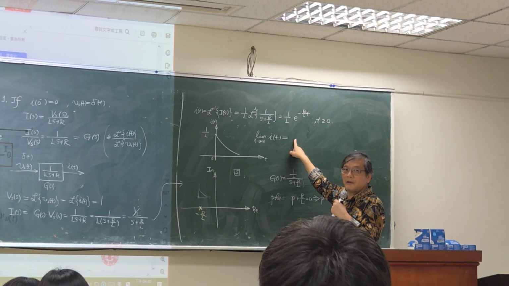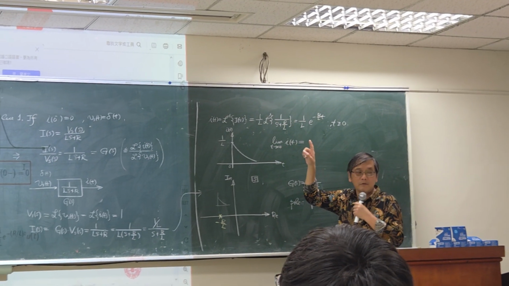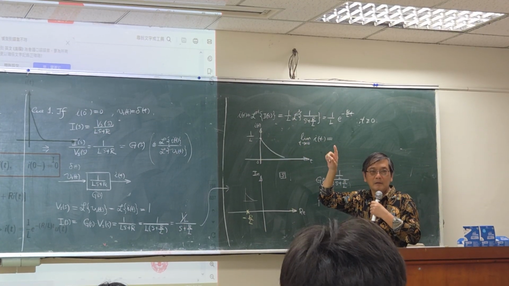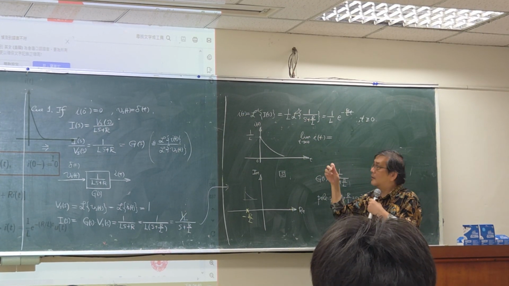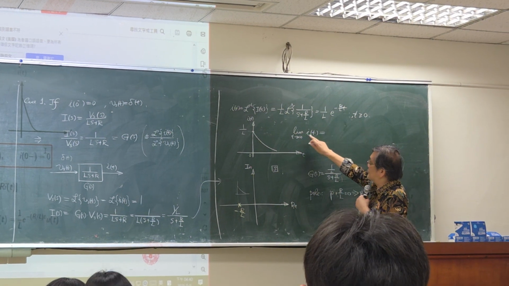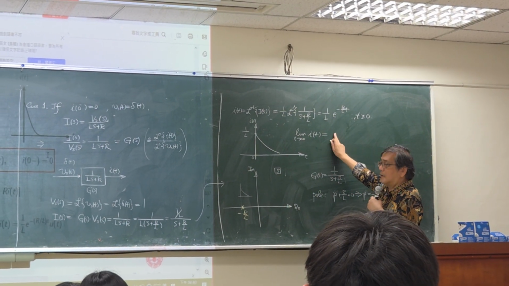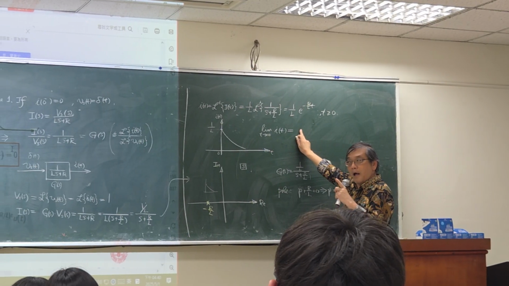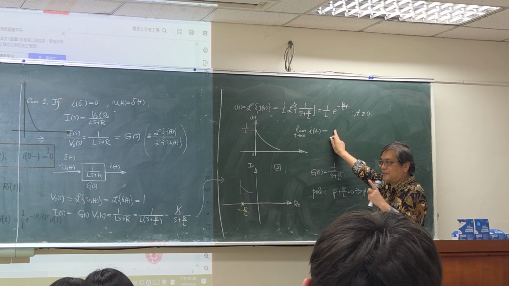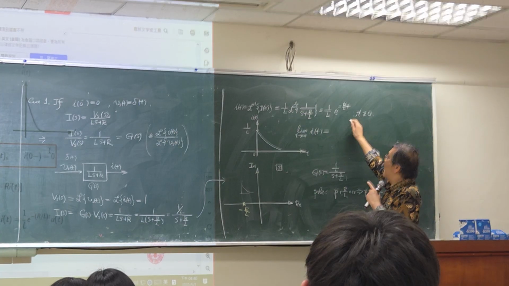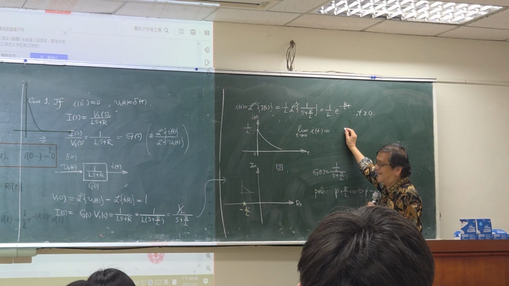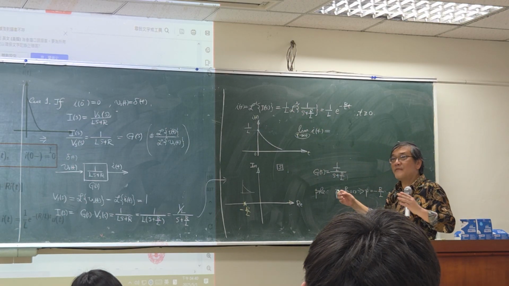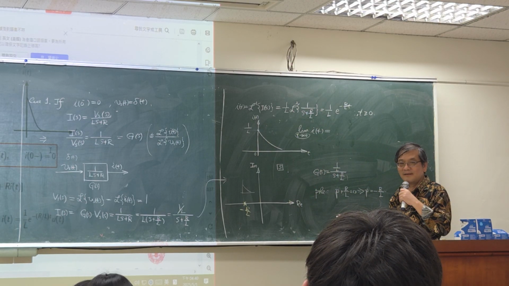Come on, aerospace engineer. Tell me, when t approaches infinity, what is our i(t)? 1? Wrong answer. t approaches infinity.